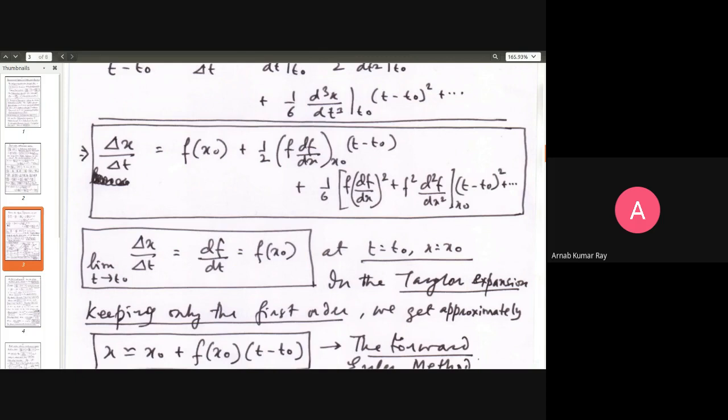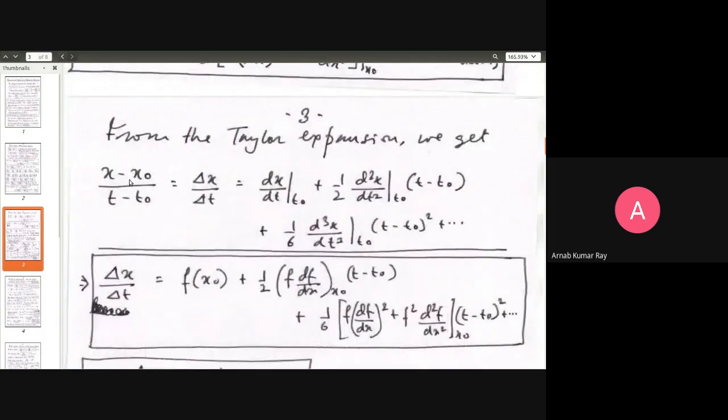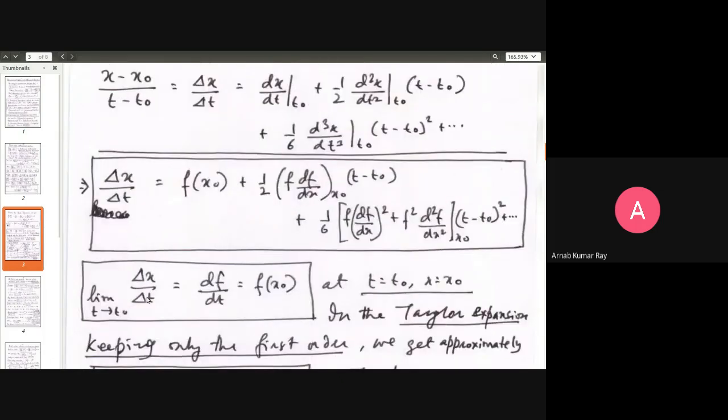When I say delta x by delta t, I imply, follow this point extremely carefully, everybody, it's a conceptual point. When I say delta x by delta t, I imply one number, namely delta x, whose value is x minus x naught, divided by another number, namely delta t, which is equal to t minus t naught.